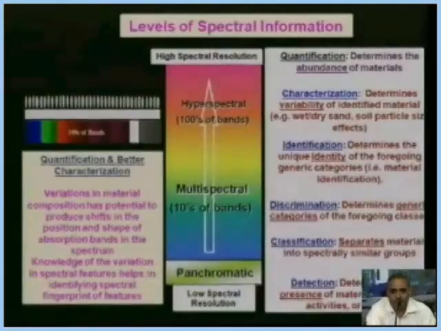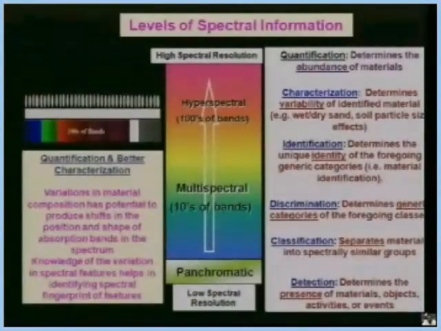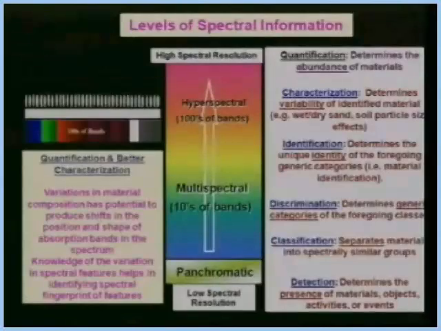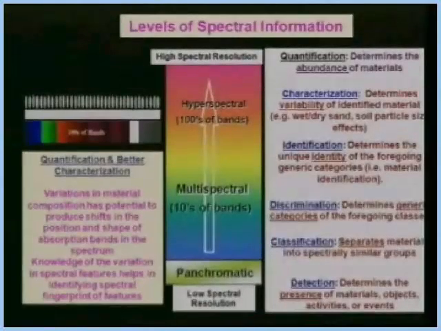Most of the time, remotely sensed data has been used for feature detection, then we migrated to some kind of classification based on spectral characteristics, then discrimination, and also identification to some extent.